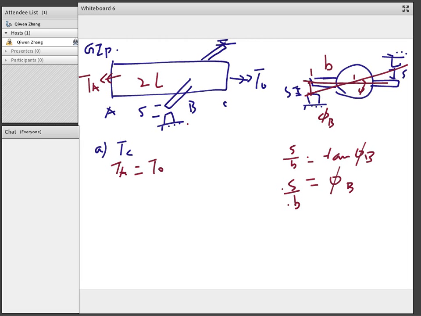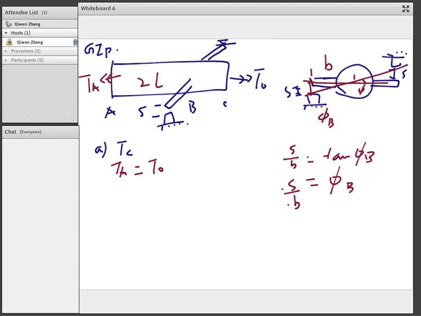And then phi B is equal to, so TC is what we are trying to find, so I will just change it to TC. So we have TC 2L over GIP, which is equal to S over B. So when we rearrange and simplify, we isolate TC.